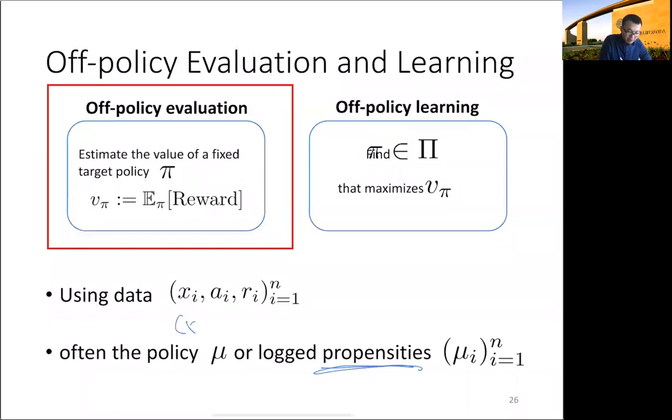So the data set can be x_i, a_i, r_i, mu_i. Sometimes you have mu_i, sometimes you don't, and when you have access to mu as a function, then you don't need to have access to mu_i. But when you don't, sometimes it's better to have some log probability in that big data table that I showed you just now.